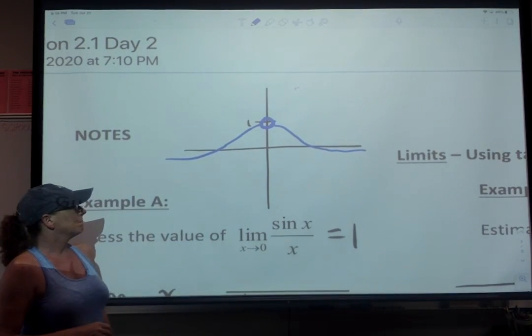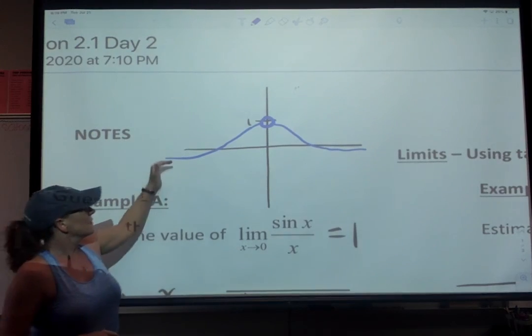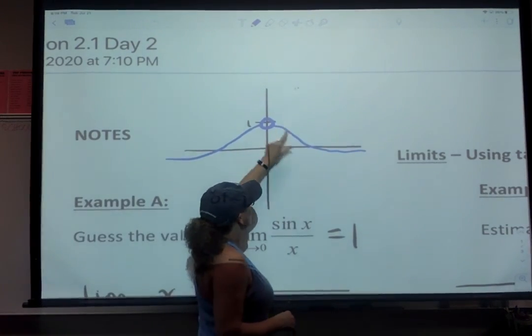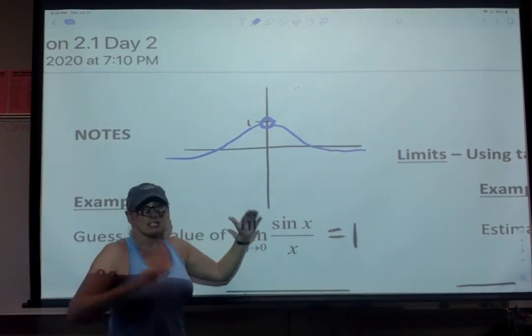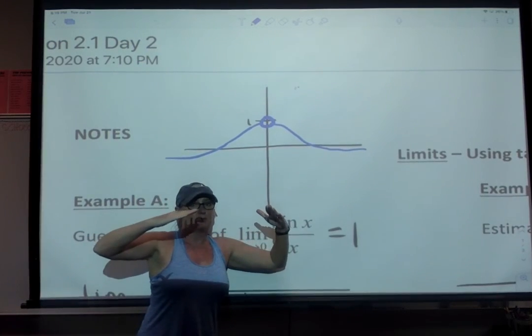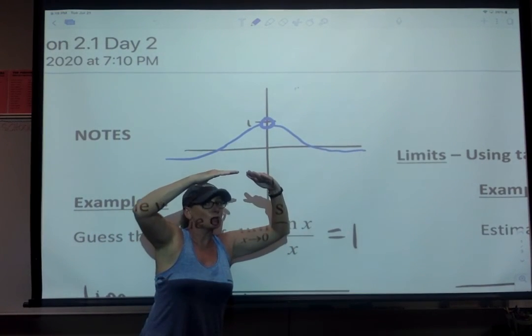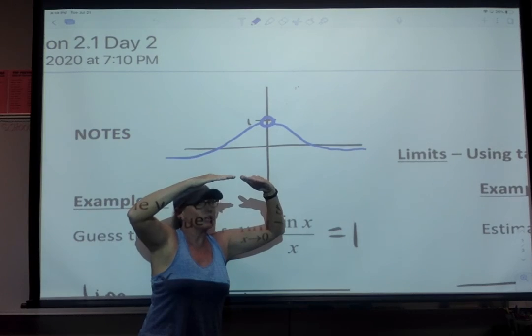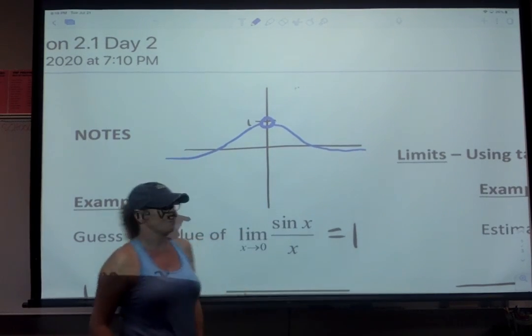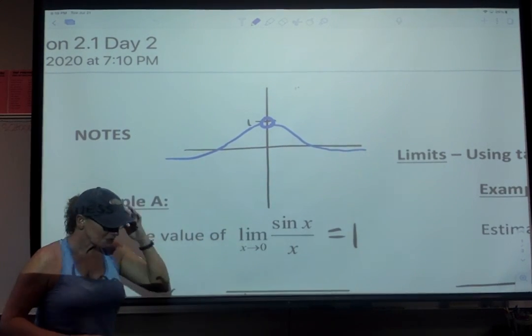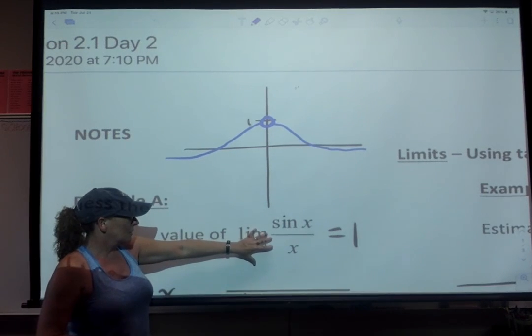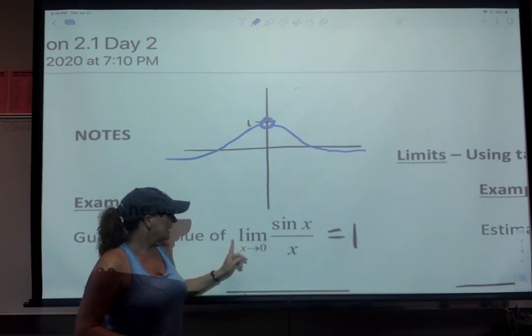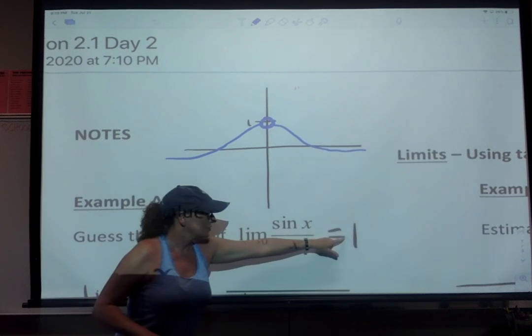That's what it looked like. And it turns out that from the left and from the right, both sides, the y values are getting closer and closer to 1. Do they ever reach it? No, it blows up when they get there. But the limit is 1. So for this function, as x approaches 0, my y's are headed toward 1.